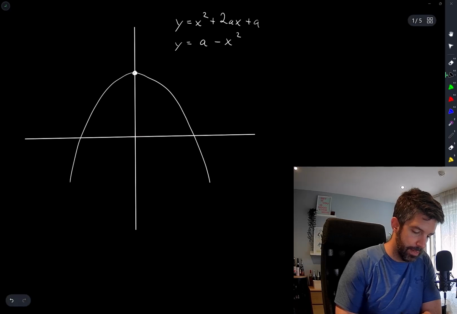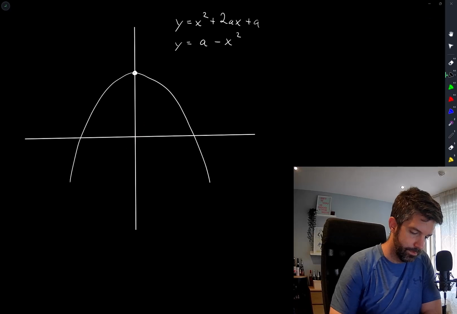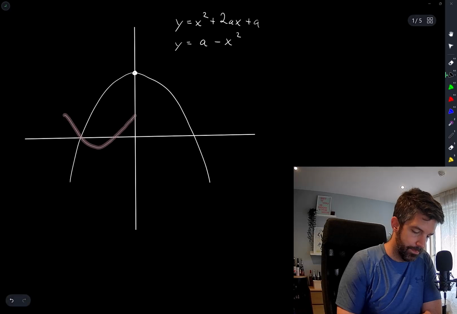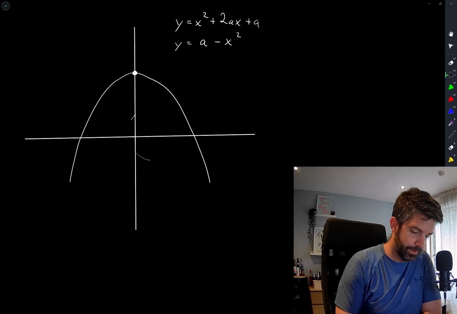For positive values of a, it gets moved to the left, and it'll look something like that. And for negative values of a, it'll look something like that.